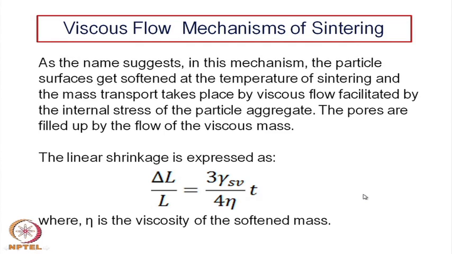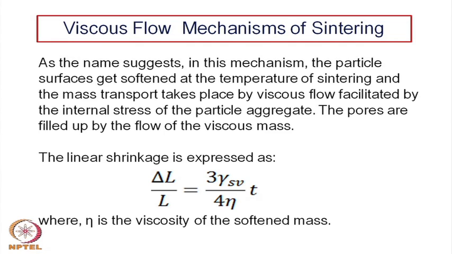As the name suggests, in this mechanism also the particle surfaces get softened at the temperature of sintering, and the mass transport takes place by viscous flow facilitated by the internal stress of the particle aggregate. Whenever you consolidate particles, they are pressed, or there is capillary action of the fluid which makes them entangled with each other.